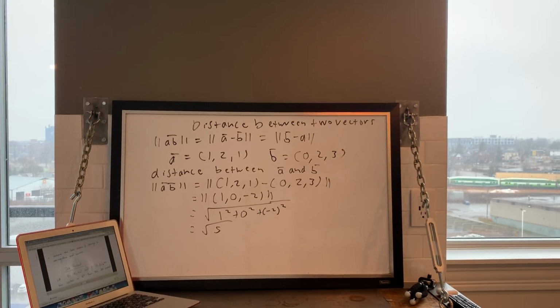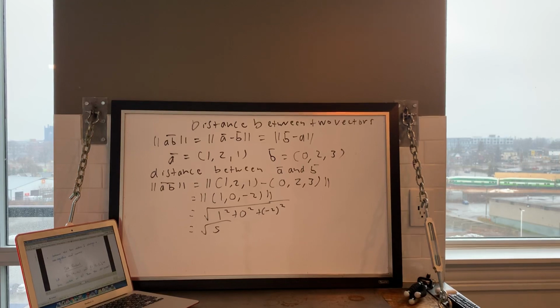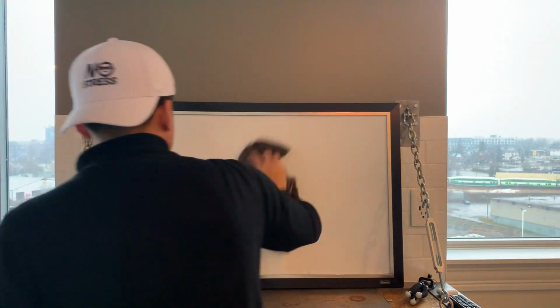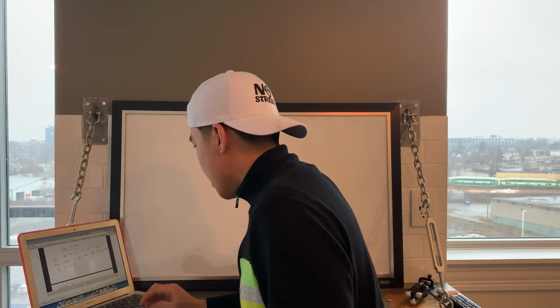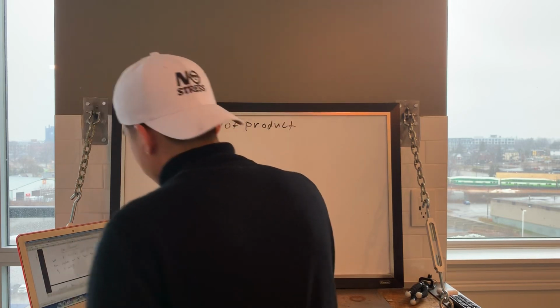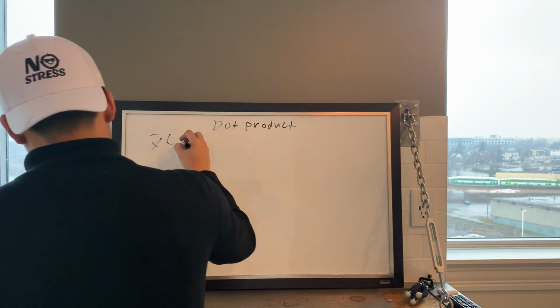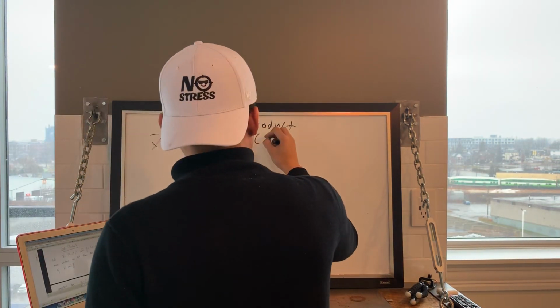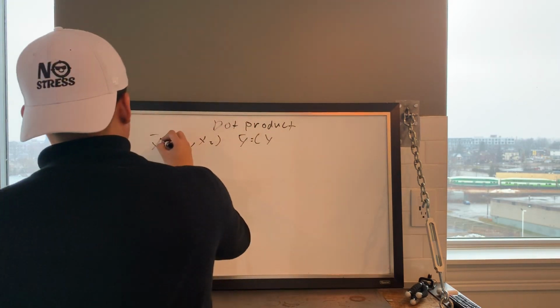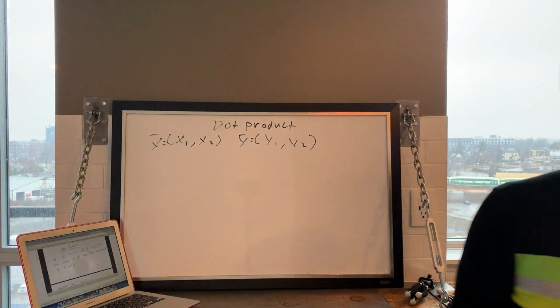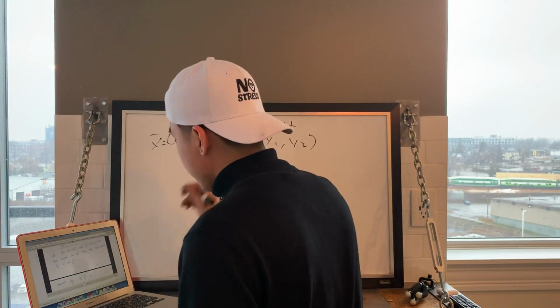We're going to talk about now the dot product. So dot product. So you have this vector, let's say x1, x2, and you have this as y1, y2. These are two vectors in R2.